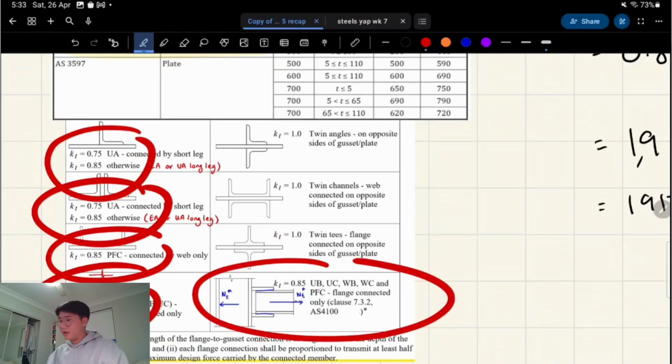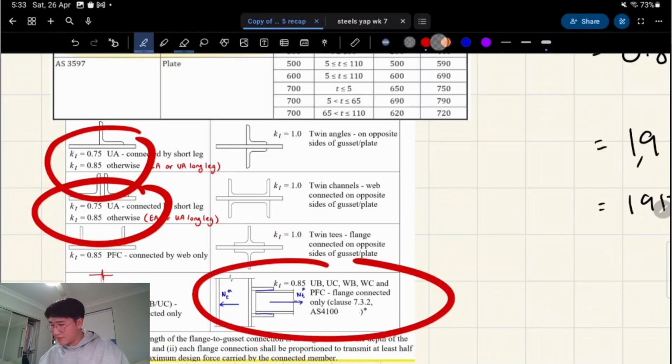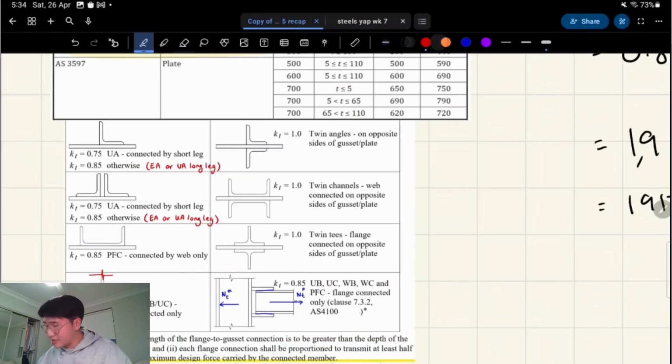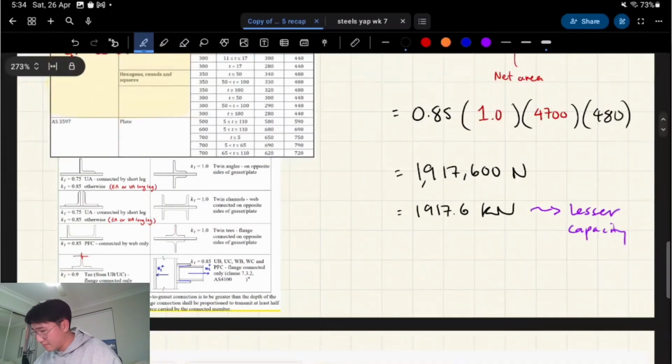It's to do with the symmetry of the section and whether it's loaded uniformly in terms of its stress and whether there's an eccentricity happening. So if there's any kind of eccentricity in that load or any kind of non-uniform stress distribution, KT is not going to be 1. So what do I mean by that?